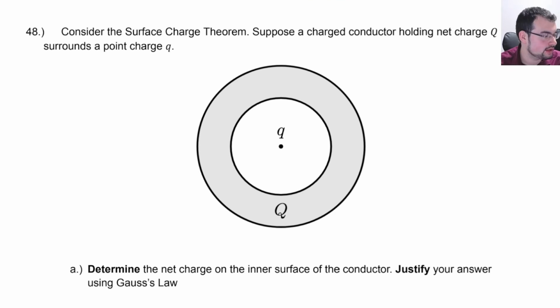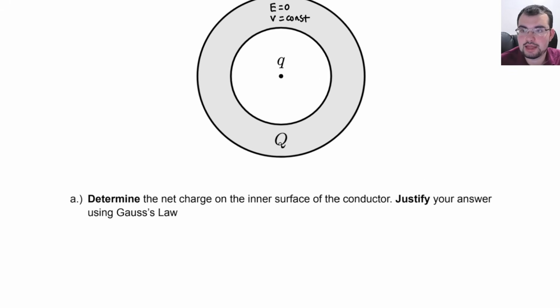Now we're going to talk about the conductor sandwich, also known as the surface charge theorem. So what is the net charge on the inner surface? So all of these metals, anytime you see a metal, we know that E equals 0 and V equals a constant. We want the net charge on each of these surfaces using Gauss's law. So using Gauss's law, I know that E is everywhere 0 inside this conductor.